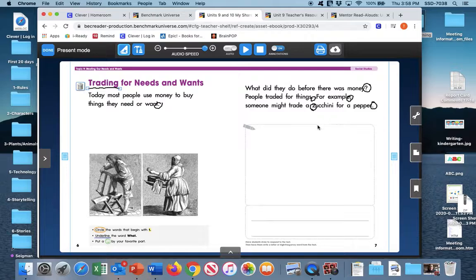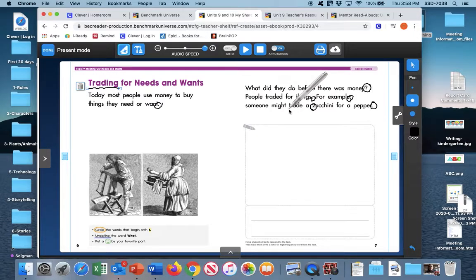So now we're going to take a look at some of the details in this story. In the fourth sentence, we find one detail about trading. So we can count 1 sentence, 2, 3, and 4. The words say that someone might trade a zucchini for a pepper. So that would be one detail in this story that would be very important.